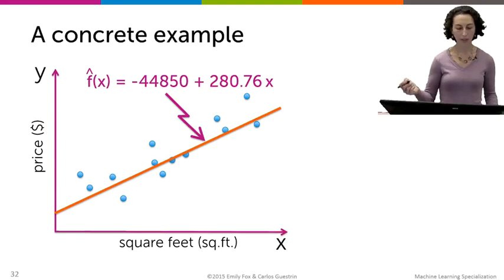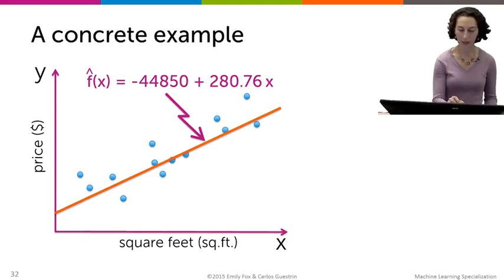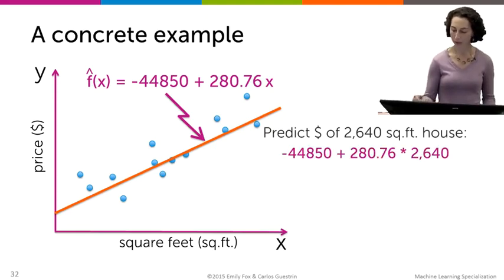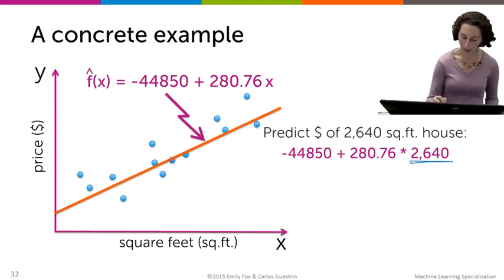Okay, so let's just go through a concrete example. Here's the fitted regression line I talked about before. So it's minus 44,850 plus 280.76 times x. And what I'd like to do is predict the value of a house that has 2,640 square feet. So what I do is just plug in 2,640 into this equation. That's my y hat.